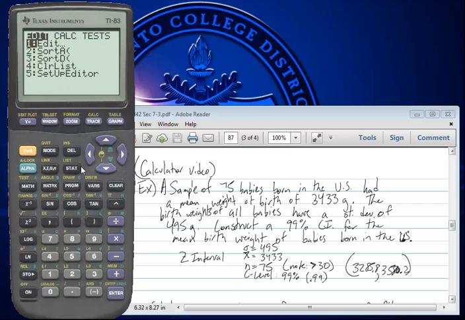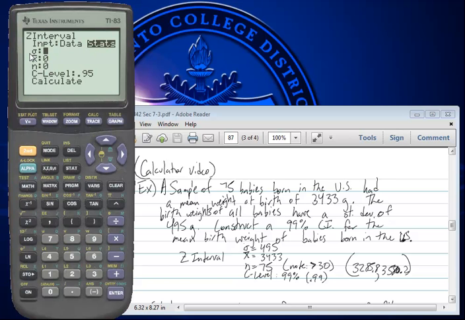If we did, we could go into Stat, Edit, enter those in the list, and go back to Stat, Test, ZInterval, and then put in our information there using list L1. Usually what we have for these problems are summary statistics, or even if you don't, you can calculate the sample mean pretty easily just by adding them up and dividing by n. So that's what we'll do this time.